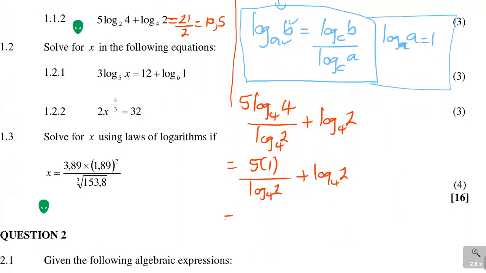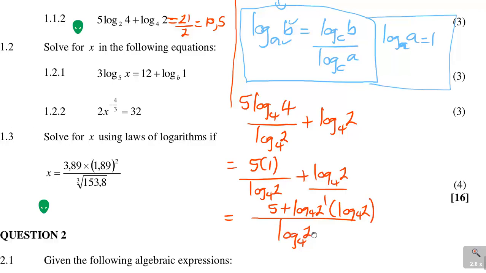And if I continue to simplify, this is over 1, so the common denominator is log in base 4 of 2, and then log in base 4 of 2 into log in base 4 of 2 is 1. 1 times 5 is 5, plus 1 into log base 4 of 2 is log base 4 of 2. Log base 4 of 2 times log base 4 of 2.